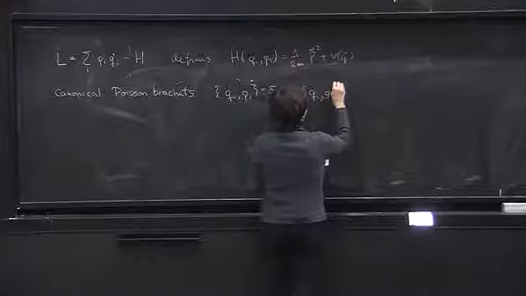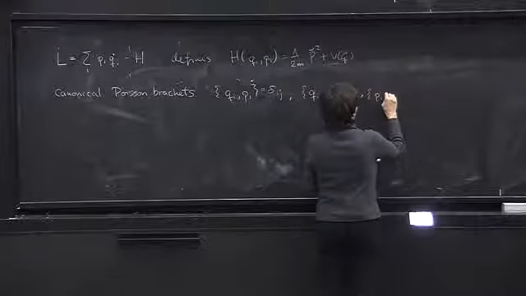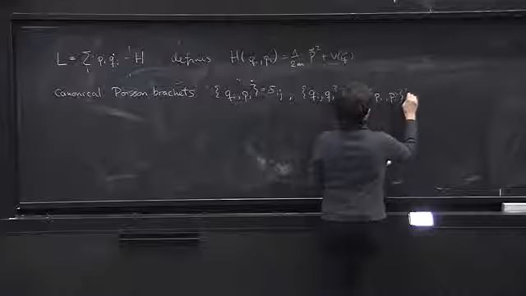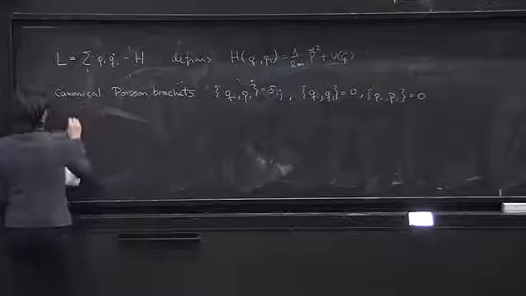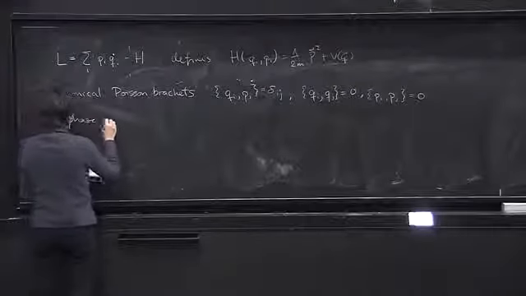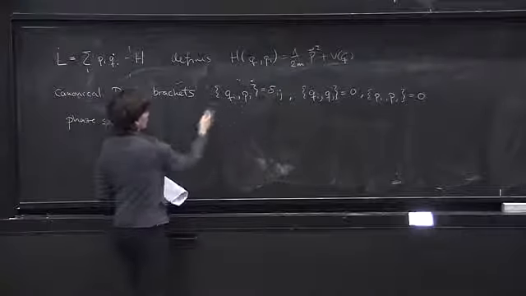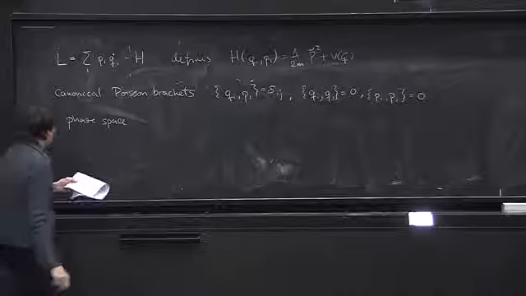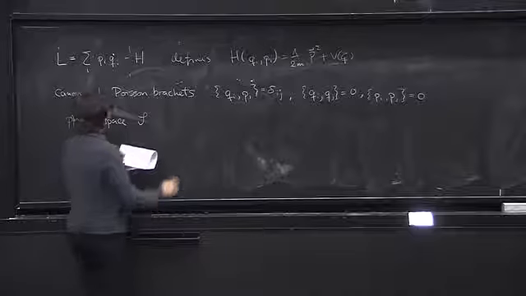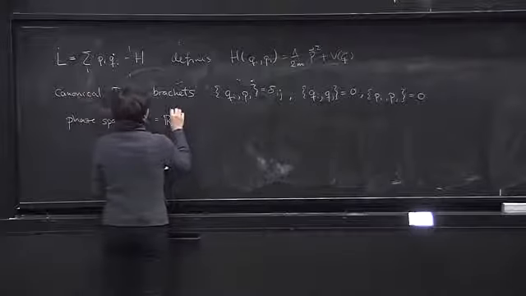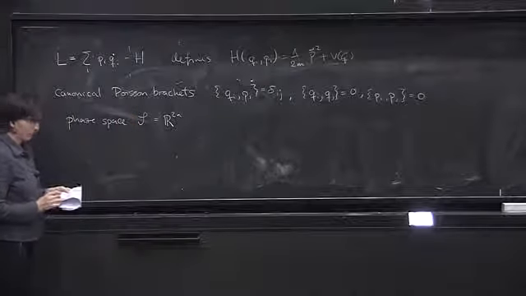The Poisson bracket of a q_i and a q_j is 0, and so is that of a p_i with any p_j. Everything, the dynamics, takes place on this phase space. And I'm just assuming that the configuration space was R^n. So this phase space, let me call it curly S, is therefore R^2n. So this has n coordinate directions and n momentum directions.